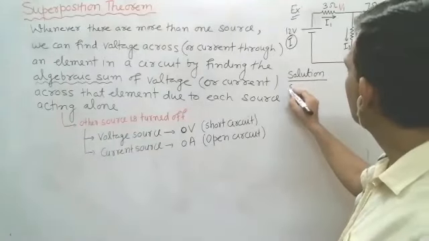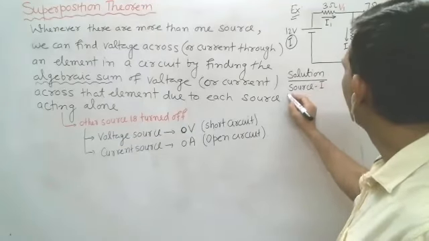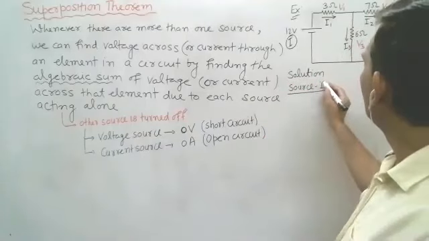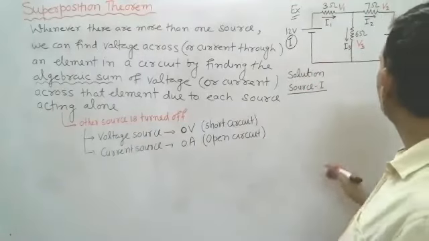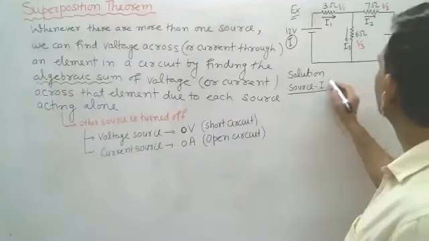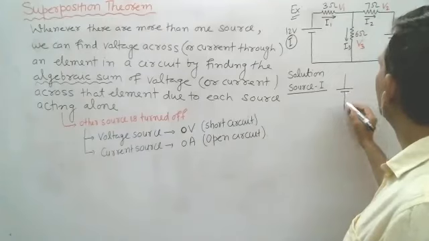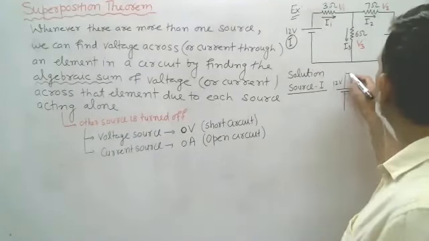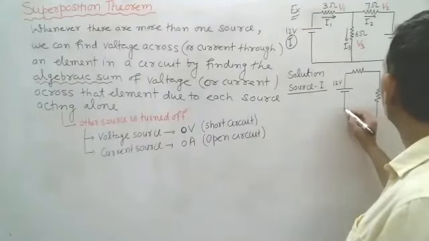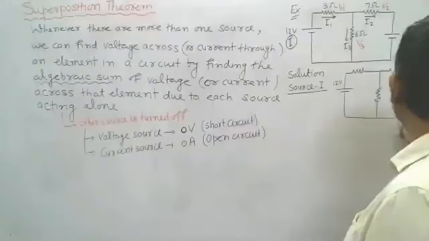So first consider source 1. And draw equivalent. Both are voltage source. So this will be 12 volt. This is 3 ohm. 7 ohm.